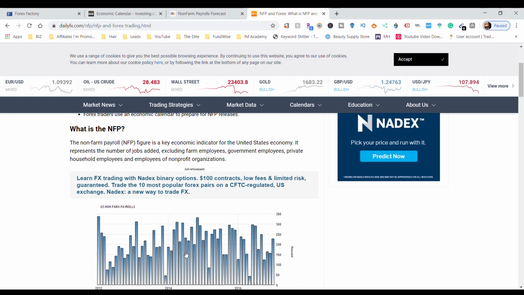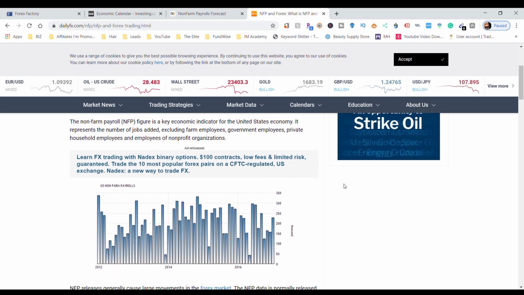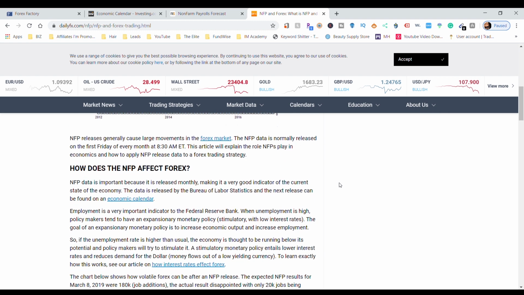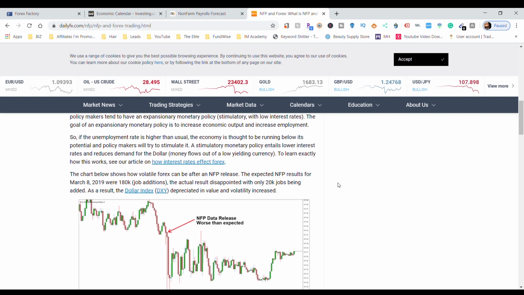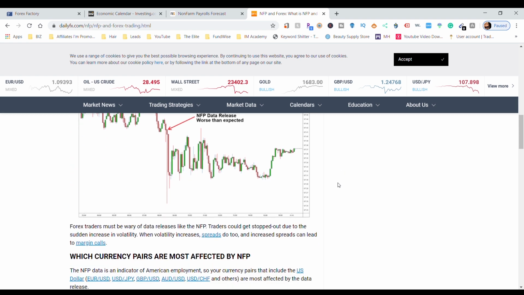So with everything going on right now, of course, the market is going to be going down, which is good for traders because we make money whether the market goes up or goes down. Remember that. The market is going to be doing its own thing.